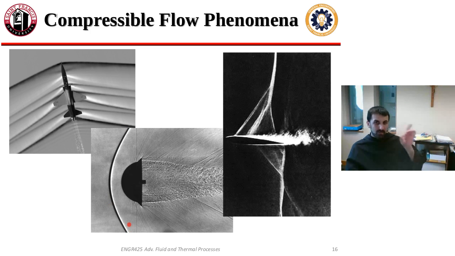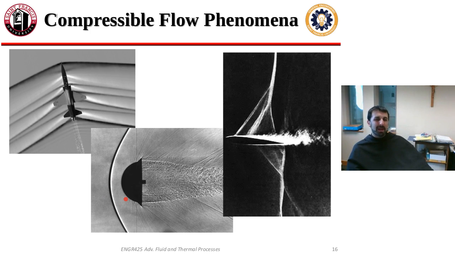Well, only part of it's a normal shock, though, right? Because a normal shock is normal to the flow. So just this part right in front of it is normal to the flow. The rest of this isn't normal to the flow. So it's sort of a trick question. It's both.